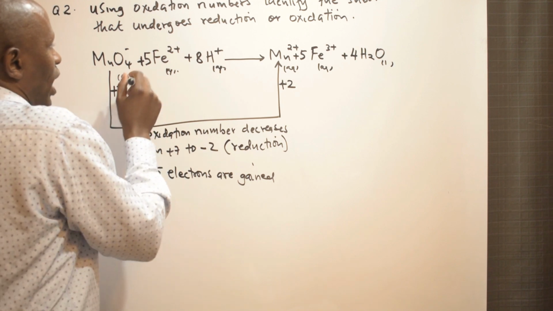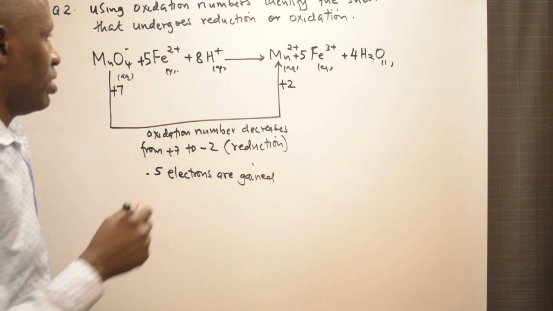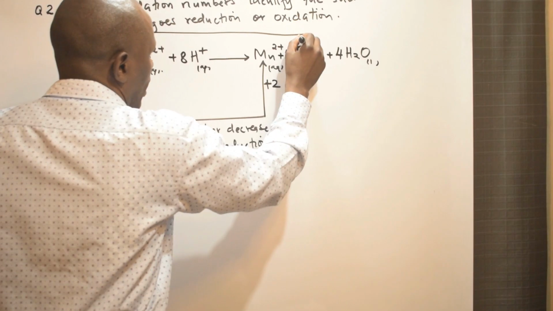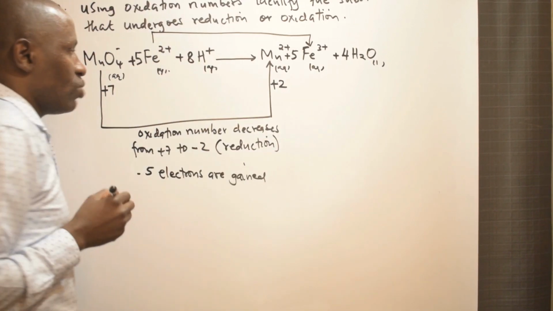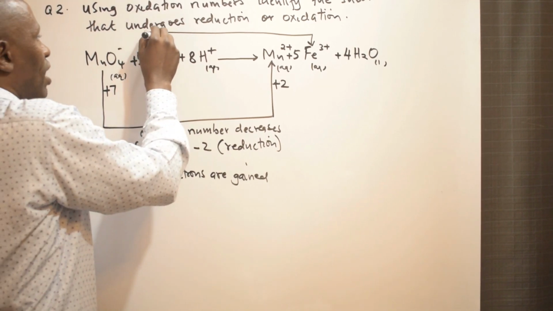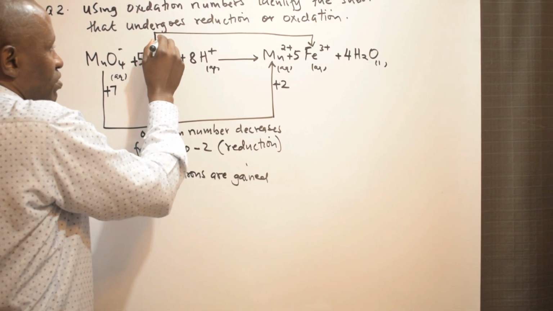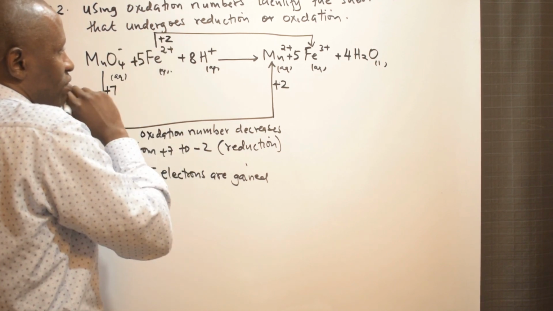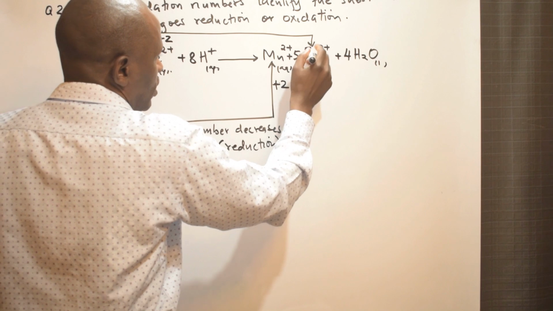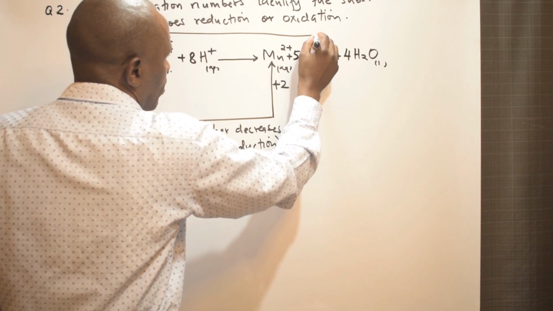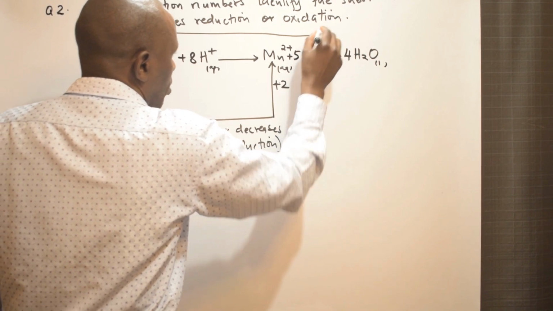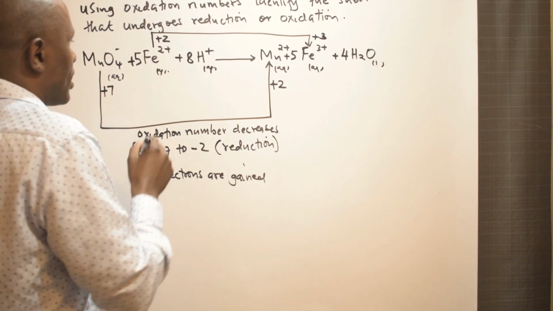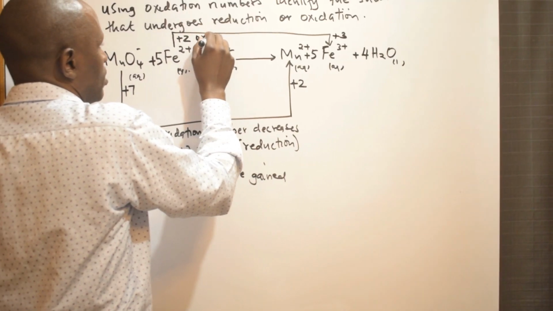Now, let's get to the iron, because this is the other major reaction that is happening there. This one again is automatic. The charge of iron(II) is 2 positive, so the oxidation number is positive 2. That of iron(III), you can see the charge is 3 positive, therefore the oxidation number is plus 3. You can tell that the oxidation number increased.